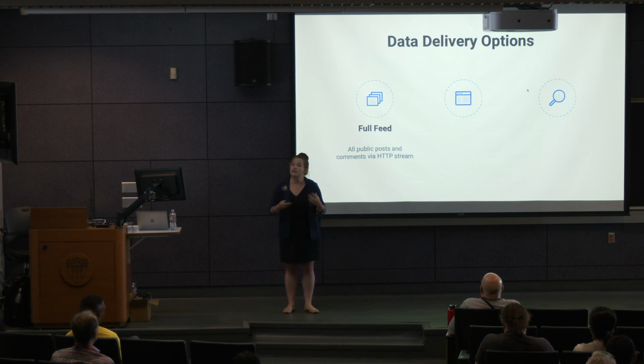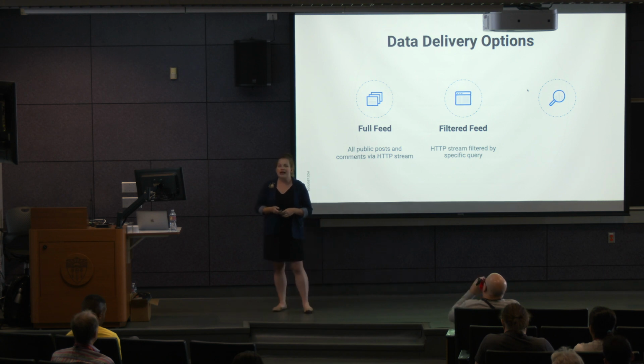In terms of who's using this, it's typically the large analytics players, large social media listening companies, anyone who has a need for very broad coverage of Reddit. There's not a particular topic they're trying to pull from. They want everything, and they've got it with the full feed.